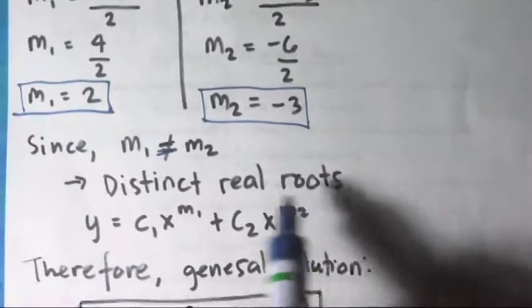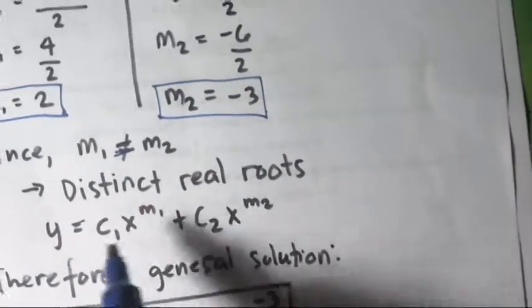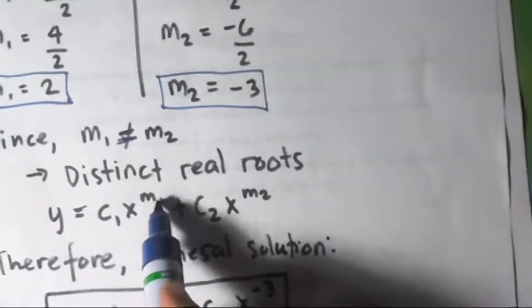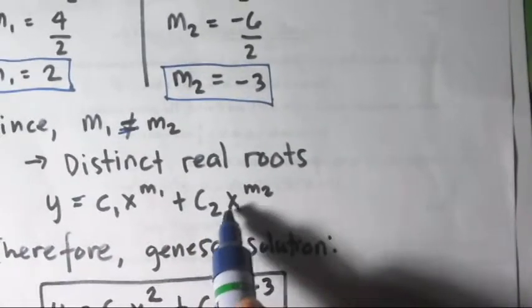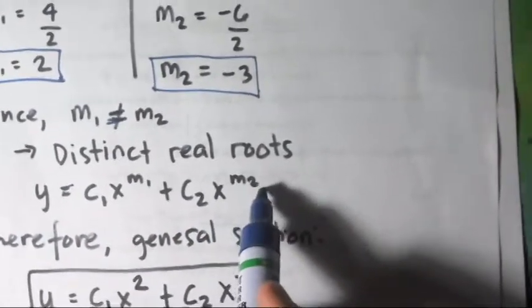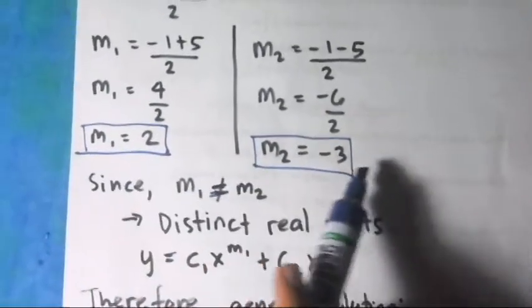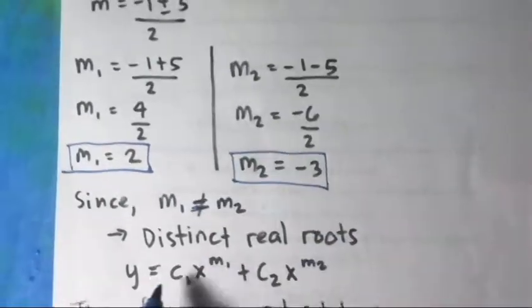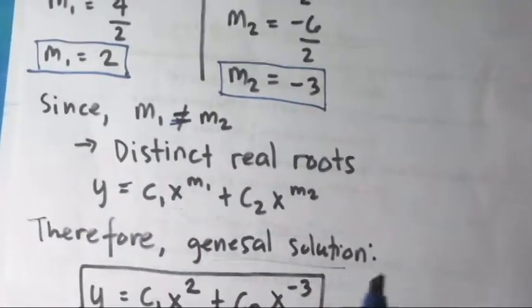By looking at this, we have the equation y equals c1 x to the m1 plus c2 x to the m2. Now we substitute the values of m1 and m2 in this equation to get the general solution.